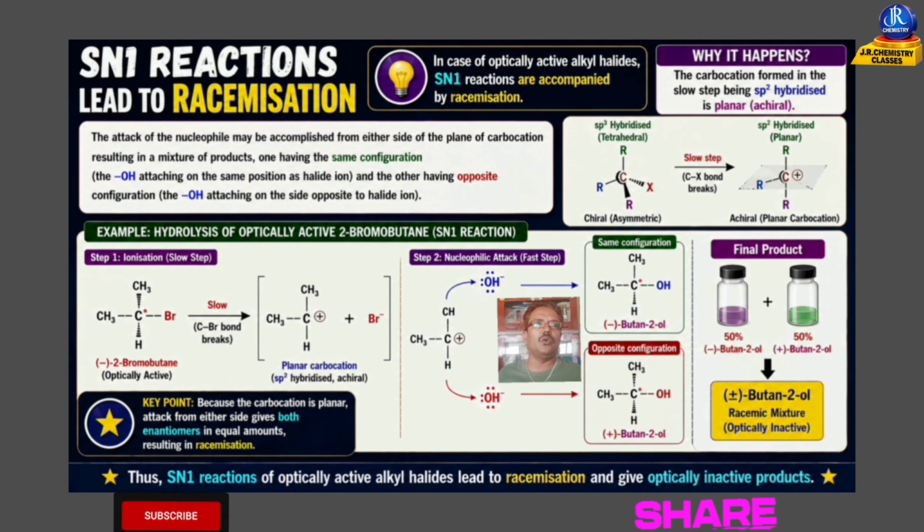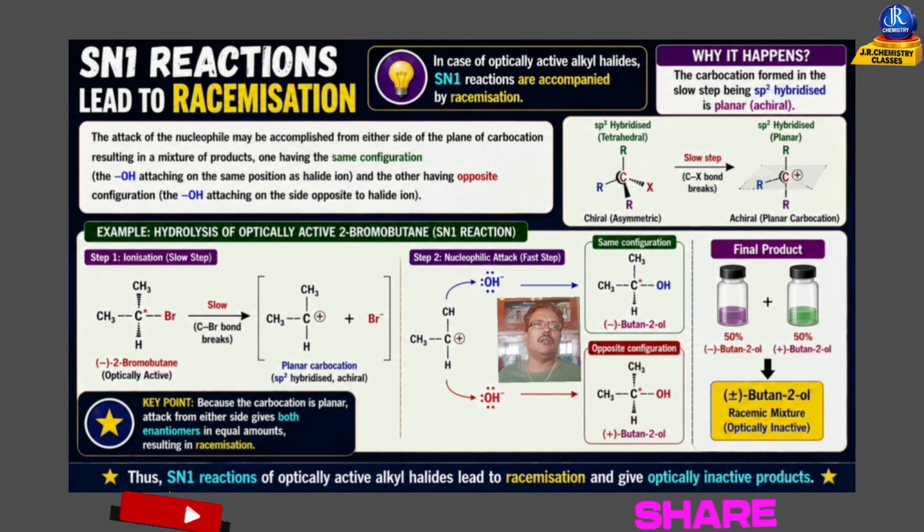The attack of the nucleophile may be accomplished from either side of the plane of the carbocation, resulting in a mixture of products, one having the same configuration, the OH attaching on the same position as the halide ion, and the other having opposite configuration, the OH attaching on the side opposite to the halide ion.